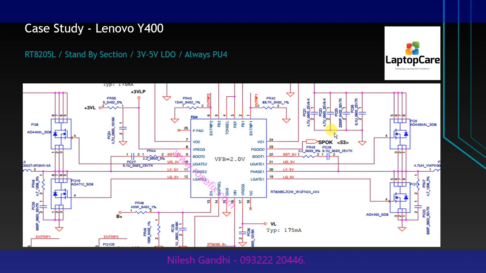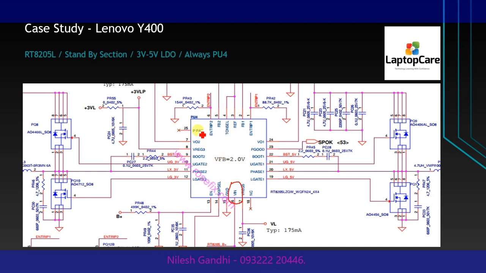First we checked the VIN section, that is the voltage in section, pin number 16 of RT8205L, and here we found 19 volt.